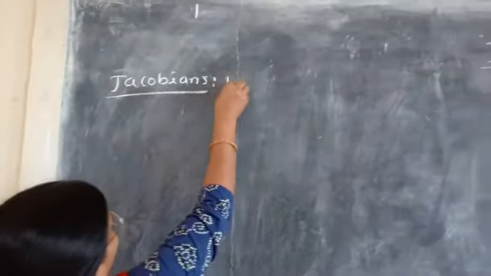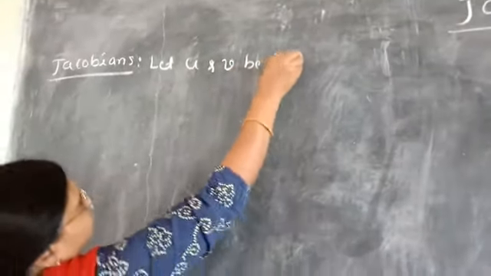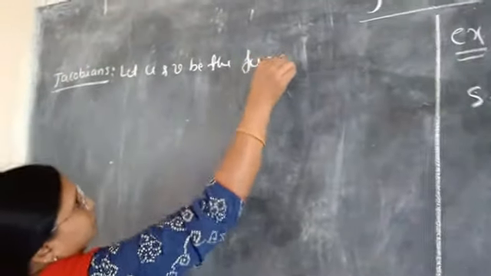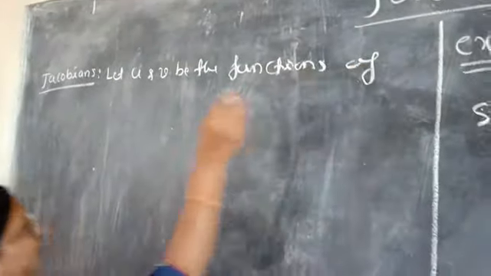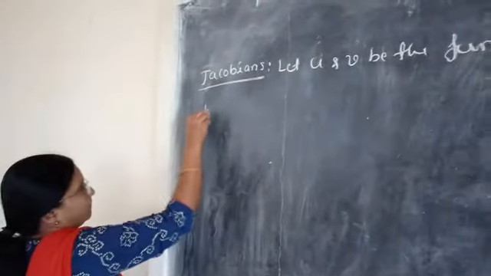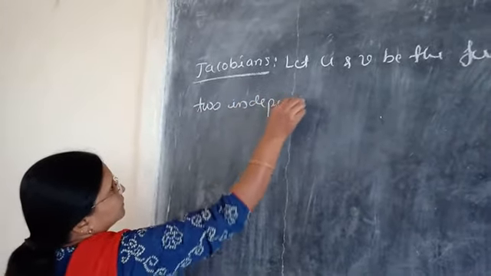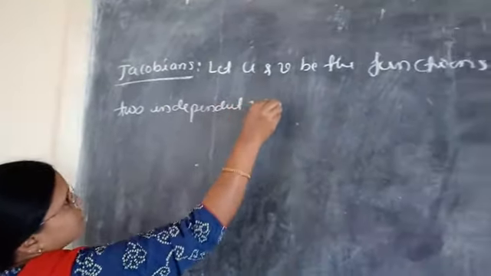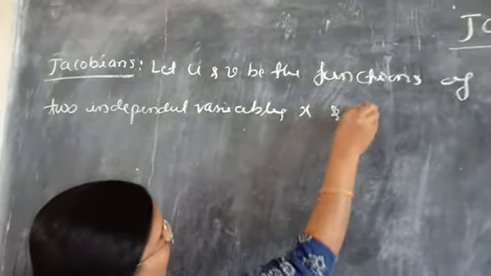Let u and v be functions of two independent variables x and y.